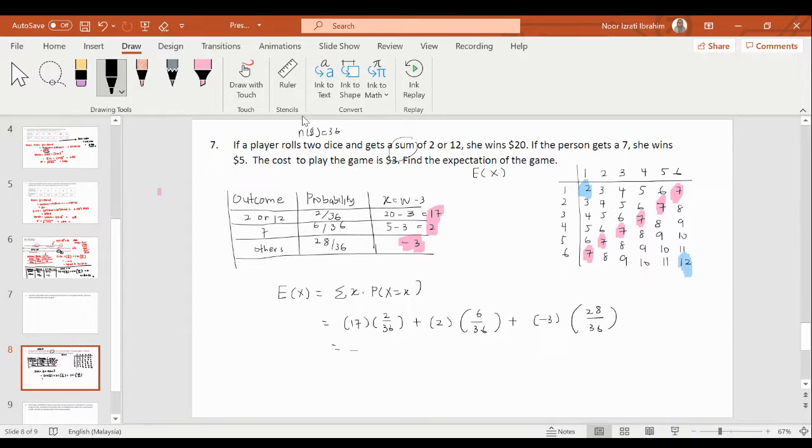Then this will give us -1.06, or you can write it as expected to lose $1.06. This is for question number 7.